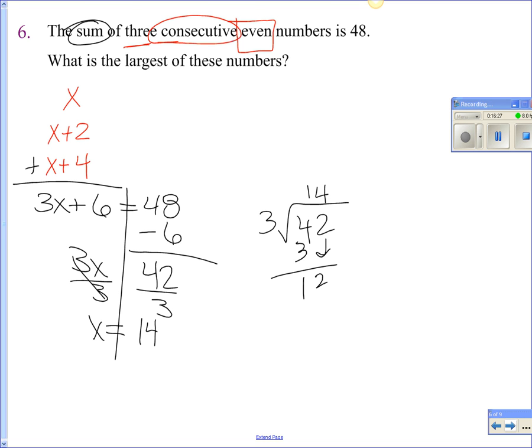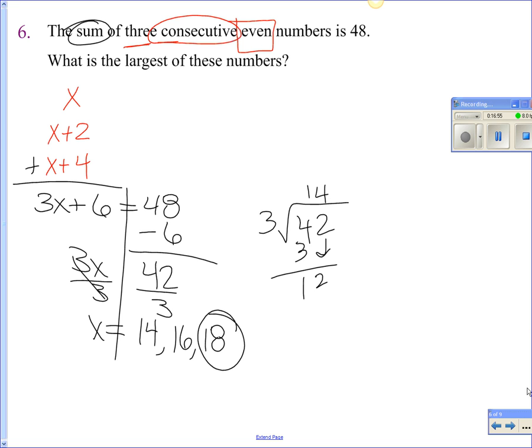So 14. Levi, 14 is not my final answer. What else do I need to put, Levi? Good. 14, 16, and 18. And Julius, what does the question ask? So I circle 18. Okay. Any questions on that one?